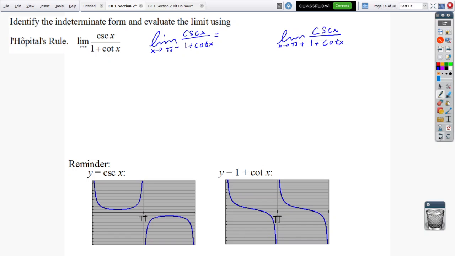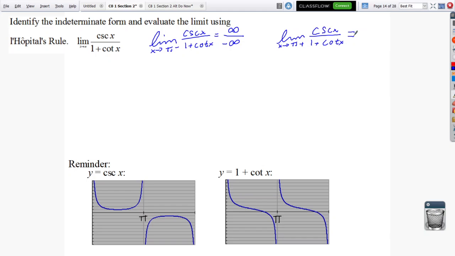I said positive infinity, didn't I? Infinity over, coming in from the left for 1 plus cotangent, it go down. So that would be infinity over negative infinity. Other direction from the right, it go down, so we would have to have negative infinity over, coming in from the right for 1 plus cotangent, positive infinity.